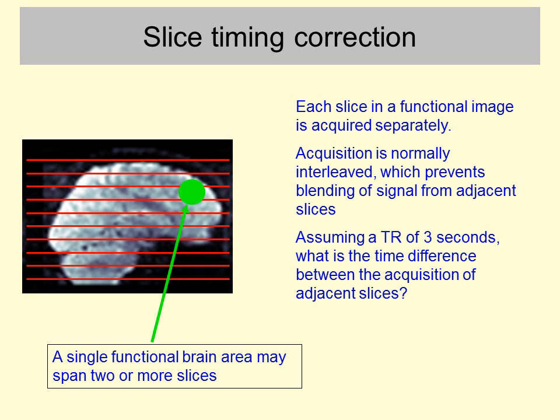But what you're actually interested in is functional brain areas which are often large enough to span 2 or more of your slices, and the underlying scientific model here assumes that that functional brain area will all be activating together in temporal synchrony for a stimulus that it's processing, but you're actually recording it at 2 different time points.